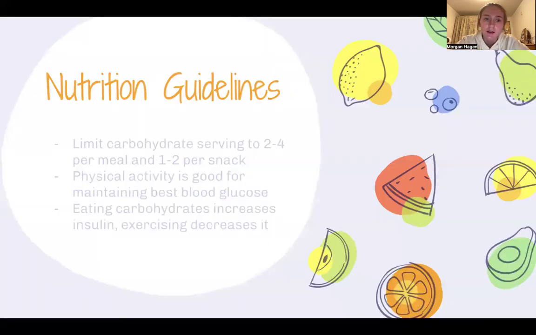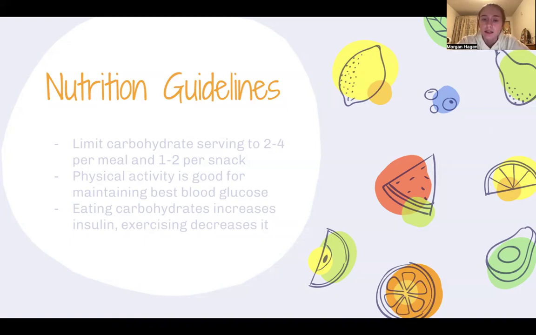Some nutrition guidelines for type 1 diabetes are you're supposed to limit your carbohydrate serving to 2 to 4 per meal and 1 to 2 per snack. And physical activity is good for maintaining the best blood glucose. And eating carbohydrates increases your insulin and exercising decreases it.